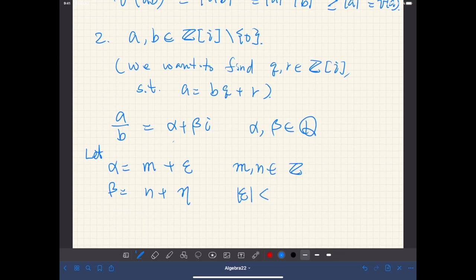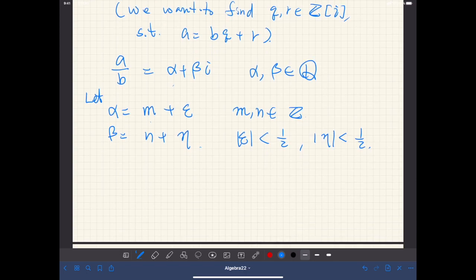Epsilon's absolute value is less than 1/2, because m is the closest integer to alpha, and eta's absolute value is less than 1/2 for the same reason.